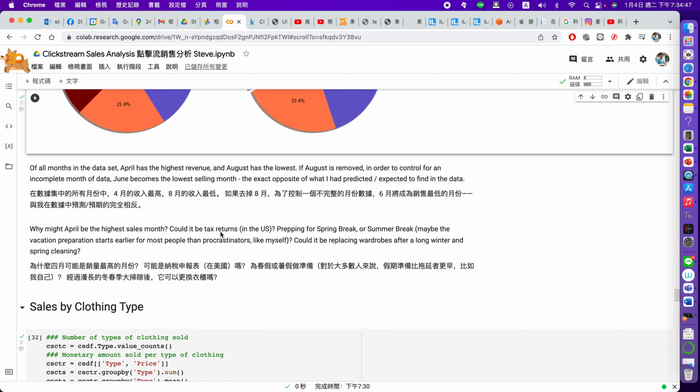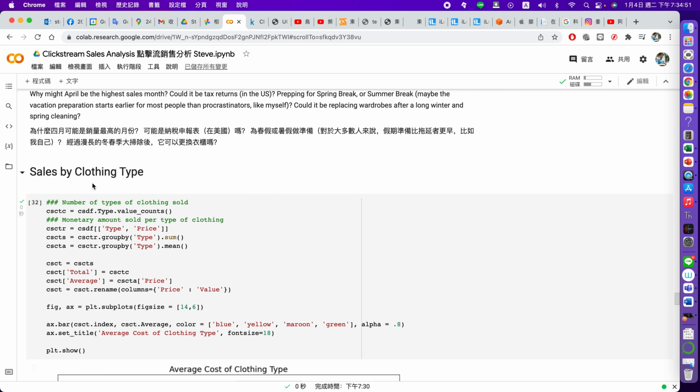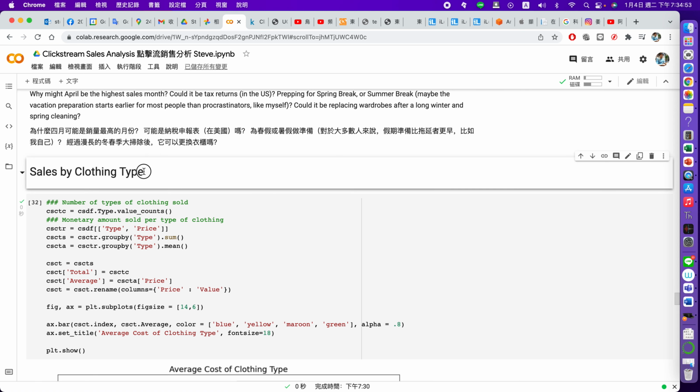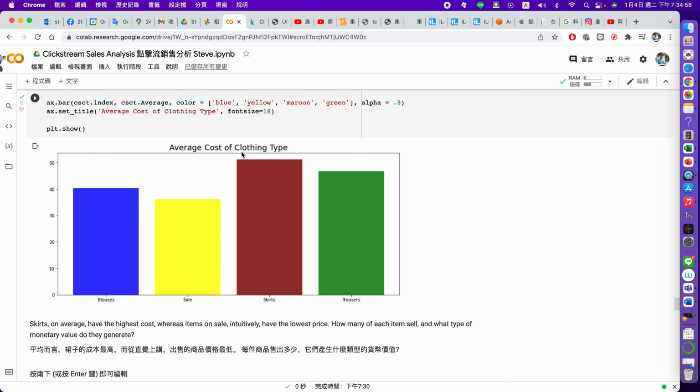Next we are talking about the sales by clothing type, the average cost for each clothing type. From the data description, we know there are 4 clothing types for this online retail.